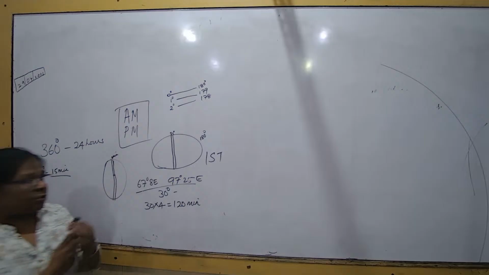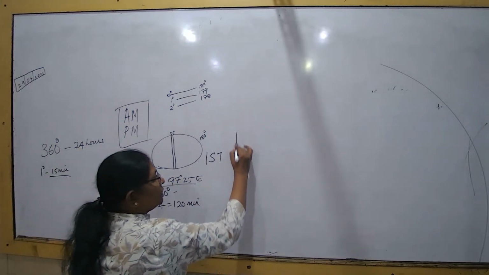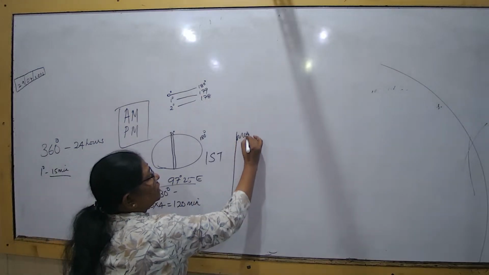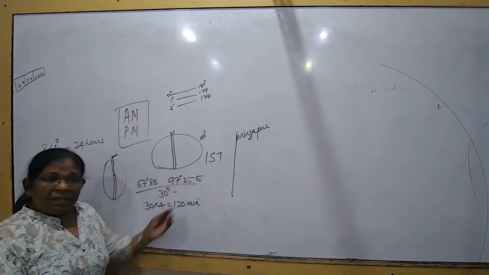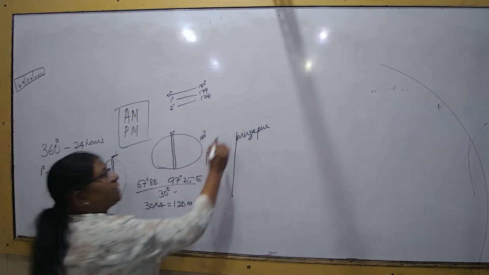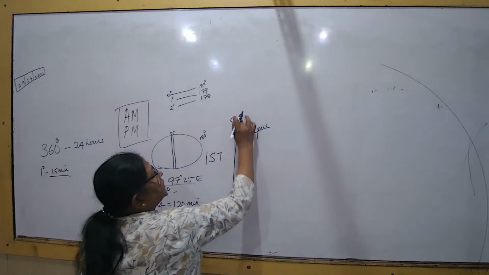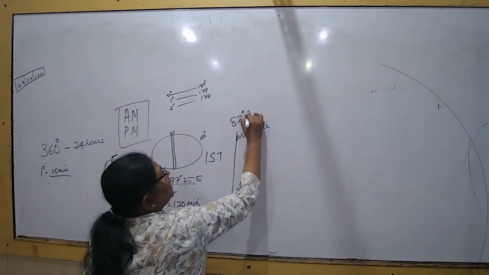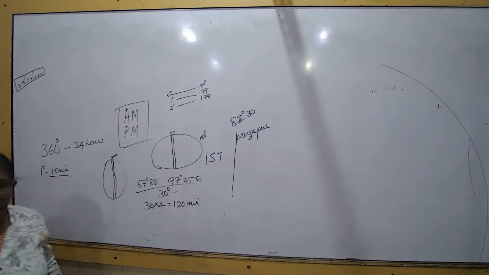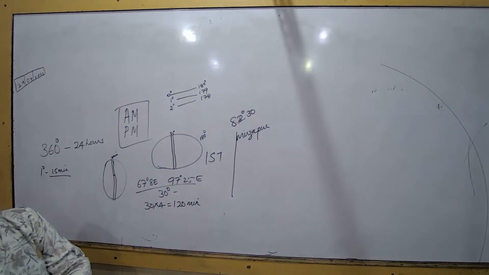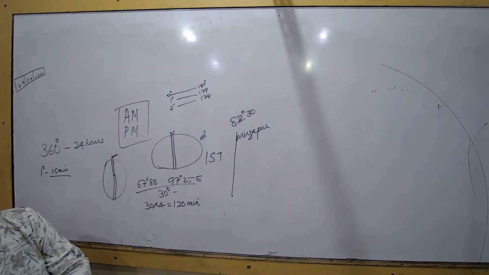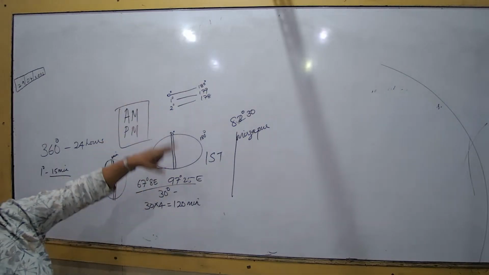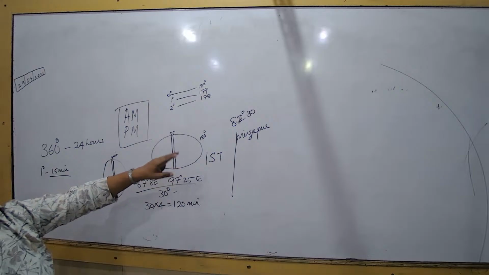That is why the place Mirzapur in UP is taken for the standard time. That is the middle longitude, 82.5 degrees, the middle of India east to west.